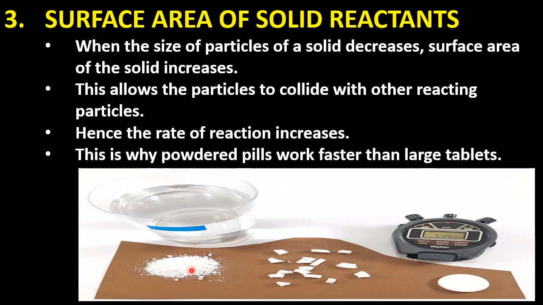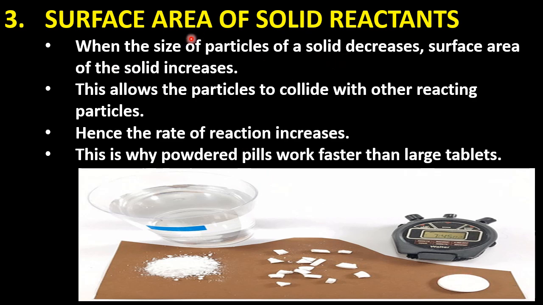So the small particles that are here have a larger surface area, on which the reaction with the substances in the body, for example in the blood plasma, will take place much faster than when you take a large tablet. So what are we saying?